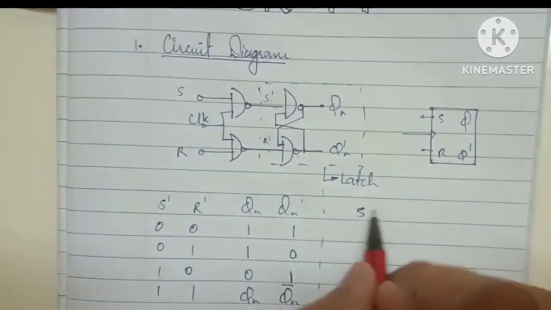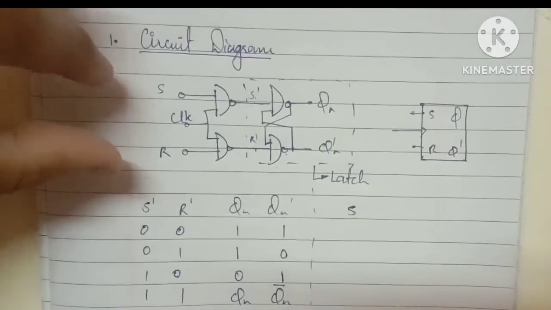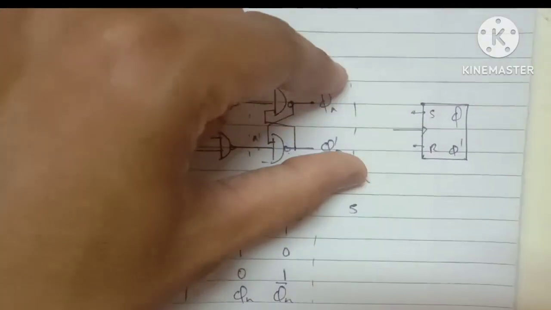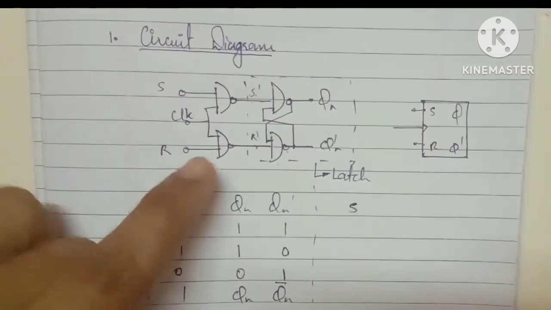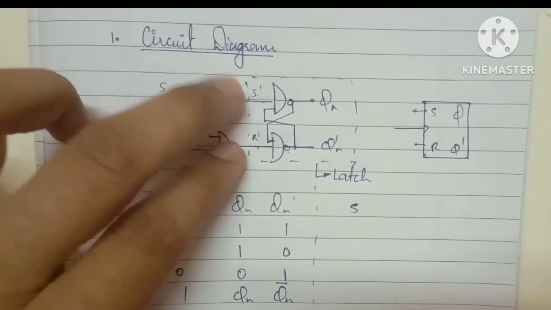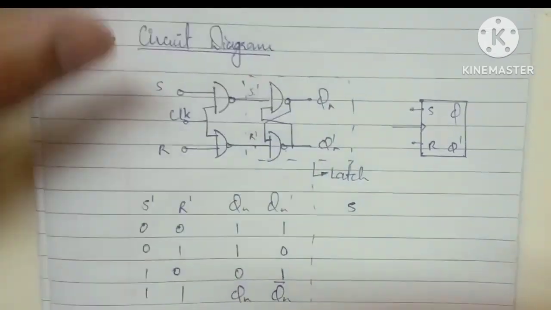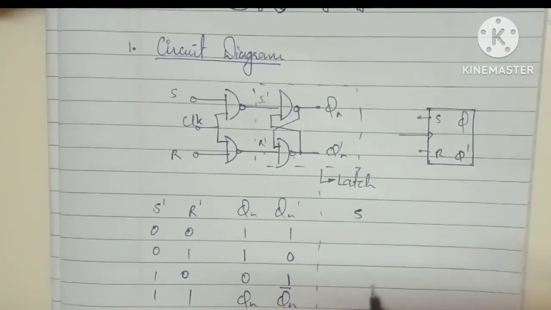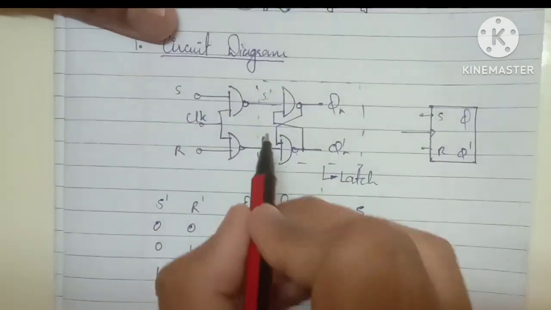Now what we have to do is find the relation between these. We are finding the input; the input is this and the output is this. Before, we drew S dash and R dash as the inputs and this as the output. Now we are dealing with the flip-flop.